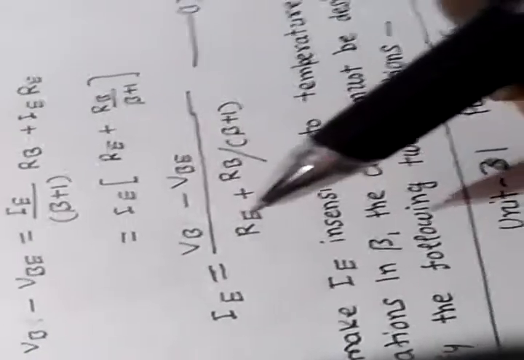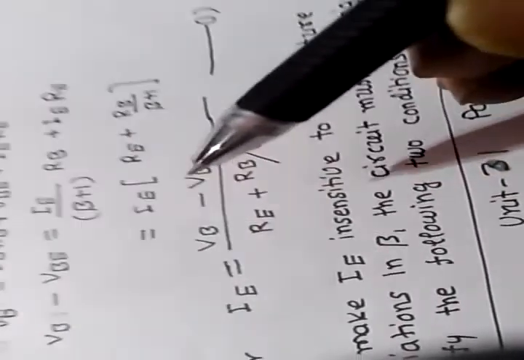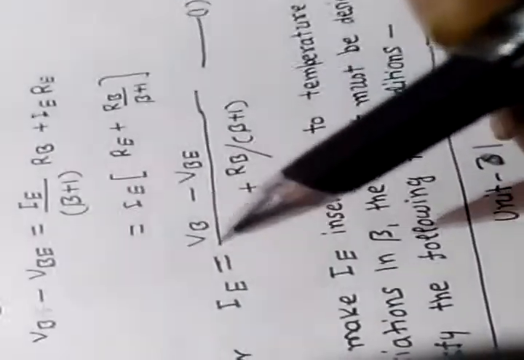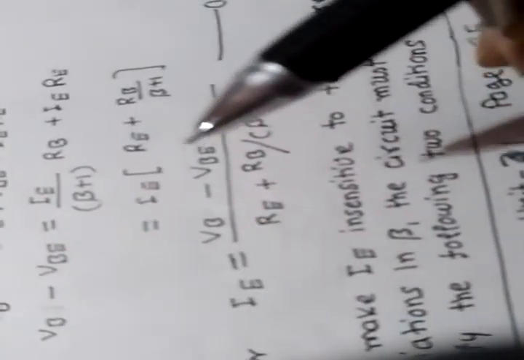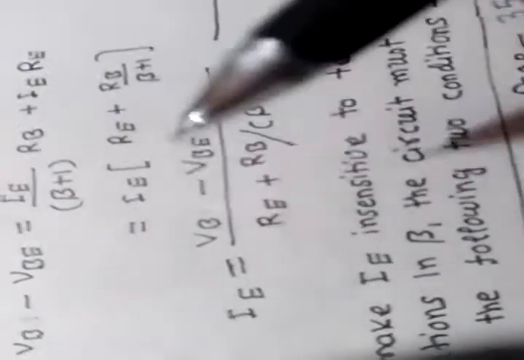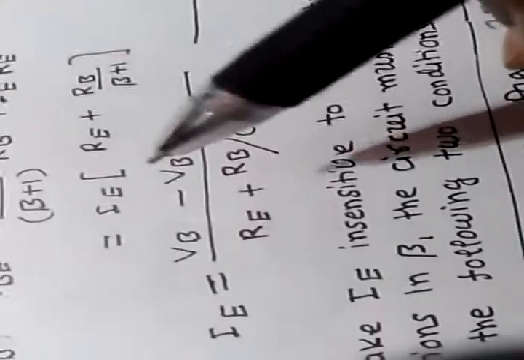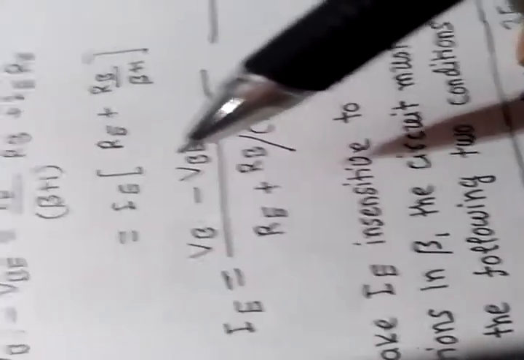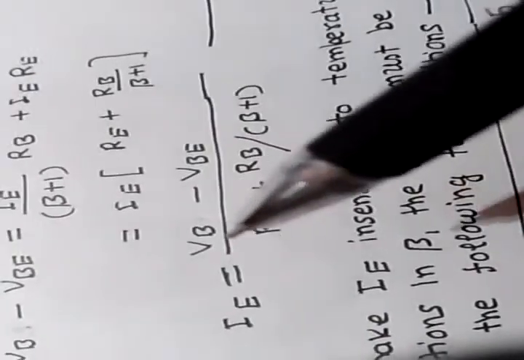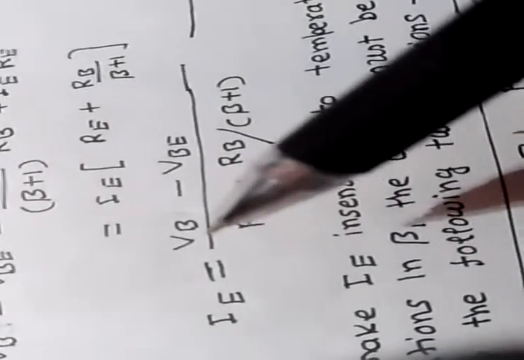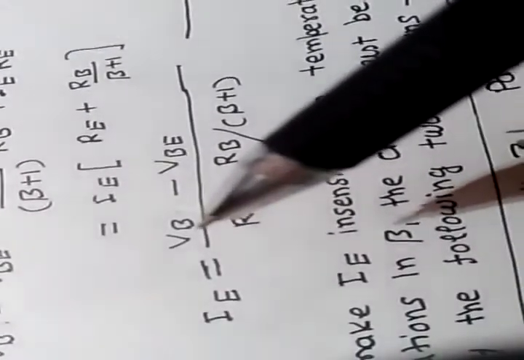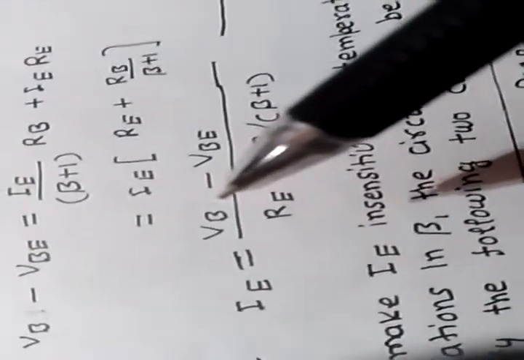So if we design a potential divider circuit in such a way that VB is greater than VBE, then the second term VBE can be neglected.